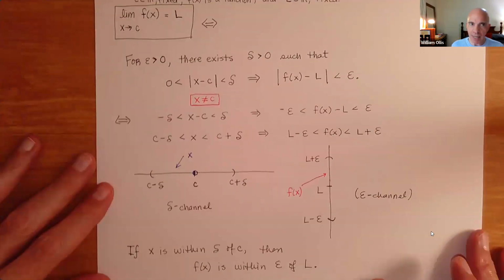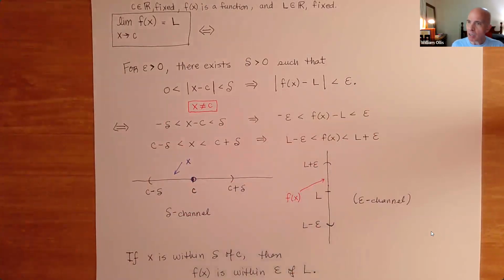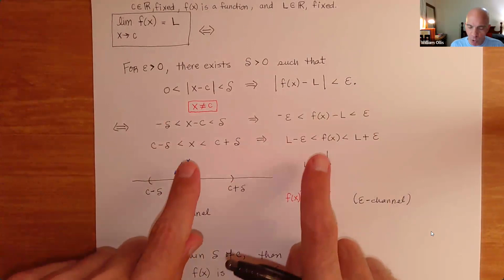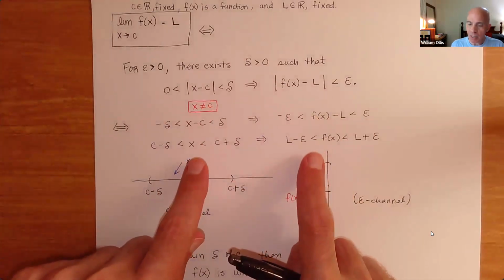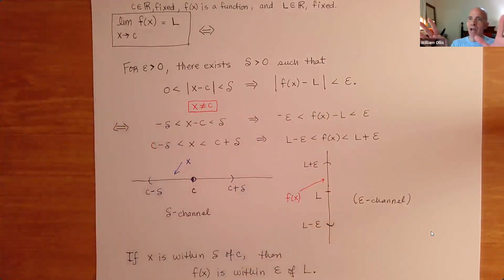Okay, so again, even though this formal definition may be a little complex, it's simply working with absolute values. Again, using the conjunction, that is, if we throw out a positive epsilon, then we have to figure out how close x must be to c so that f of x is close to L. That is, if x is within delta of c, then f of x is within epsilon of L, as we've written here.